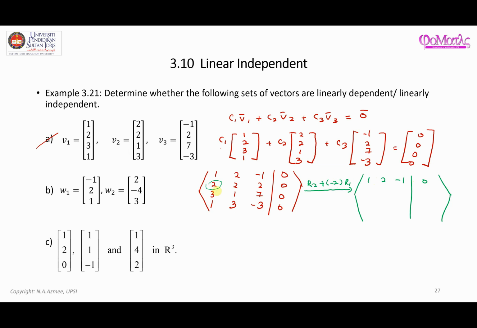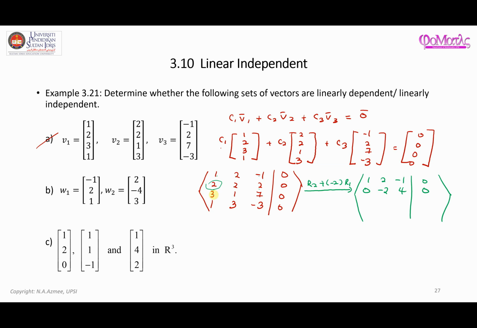For the second row, 2 minus 2 is 0, 2 minus 4 is negative 2. Next is 2 plus negative 1 times negative 2, so 2 plus 2 is 4. Then 0 plus negative 2 times 0 is 0.